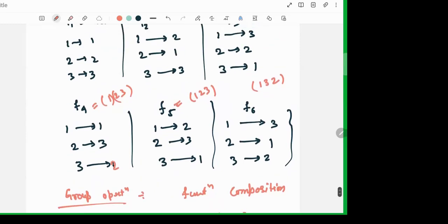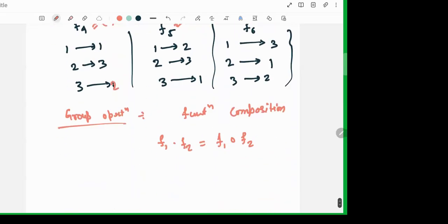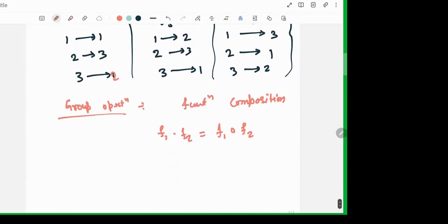So can you see composition now? Let me write an example from there only: (1 2 3) and (1 3 2). What is their composition? This is your f1, this is your f2, and you want to write f1 ∘ f2. So first you go along f2: the image of 1 in f2 is 3, then in f1 the image of 3 is 1.